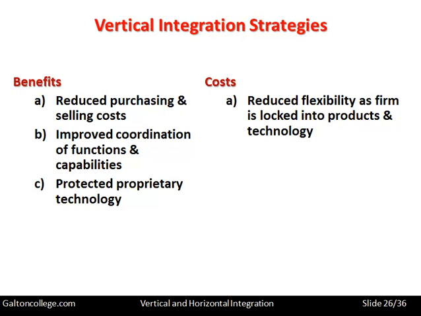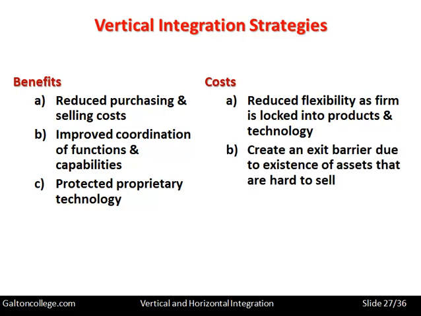If the product it's producing starts to dip in the market, perhaps the product life cycle, it goes into decline, customers start to turn against it, tastes turn against the product. It's not got one business now at risk, it's got two. It's got the business that makes the product and also the business that supplies the components to that business. So it's more vulnerable as a consequence. So that needs to be taken into account.